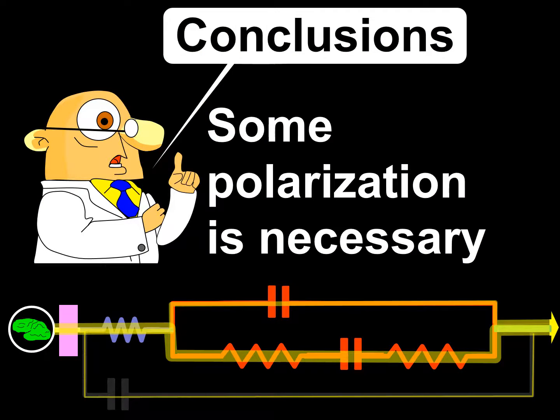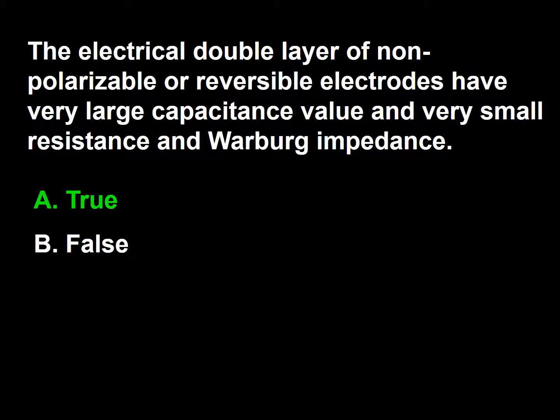As I pointed out previously, when I told you the conclusions I have come up with from reviewing the conflicting literature on the subject, the term non-polarizable and reversible surface EEG electrode is used to refer to a surface EEG electrode with normal electrical double layer at the electrolyte electrode interface. The fact that some polarization is present even in the electrical double layer of this surface EEG electrode is usually not taken into account when using this label. The answer to this question is A.